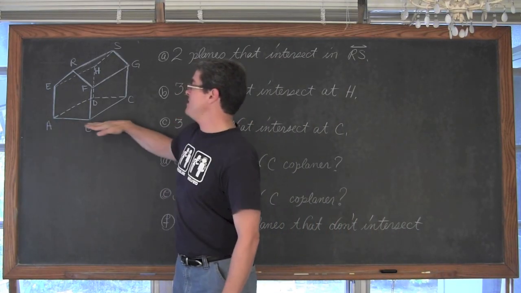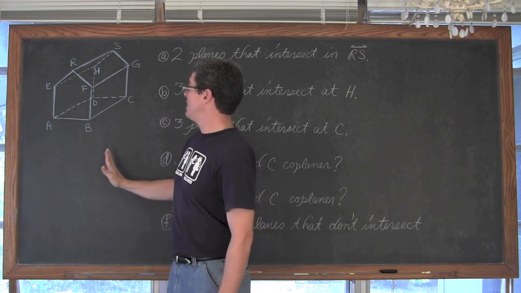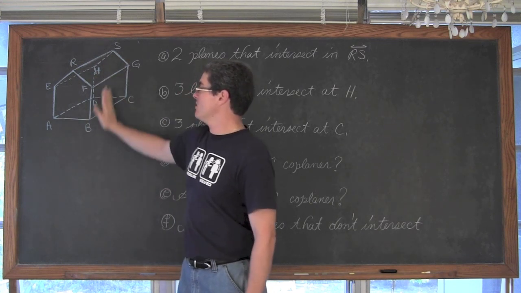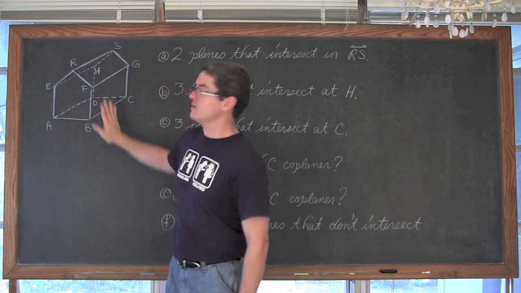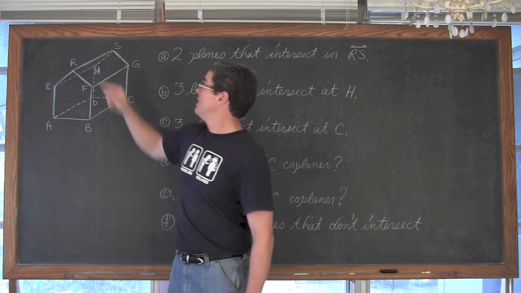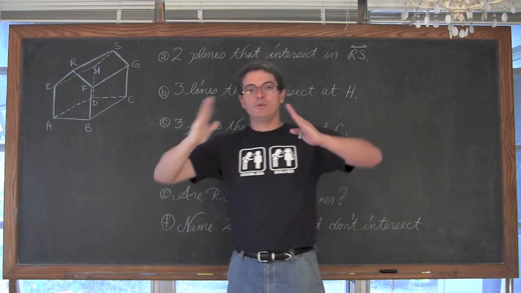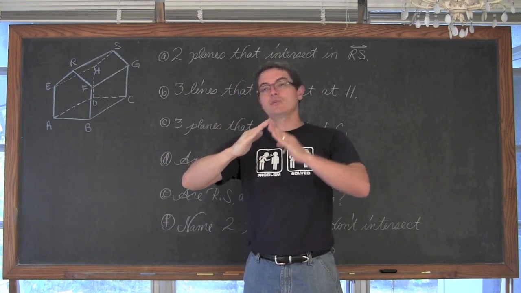So it wouldn't be AB, that's the base of this house. This right-hand side here, FBCG, is extending vertically forever, so that's not going to intersect line RS. It's basically the two sides of the roof.